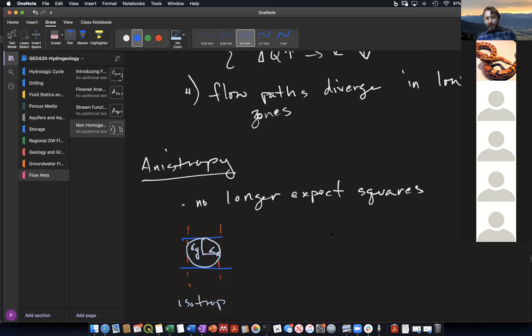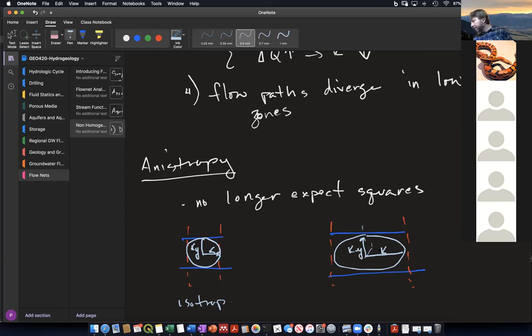In an anisotropic media, what we expect is an oval, an ellipse, and the two radii now, again, are set by Kx and Ky.